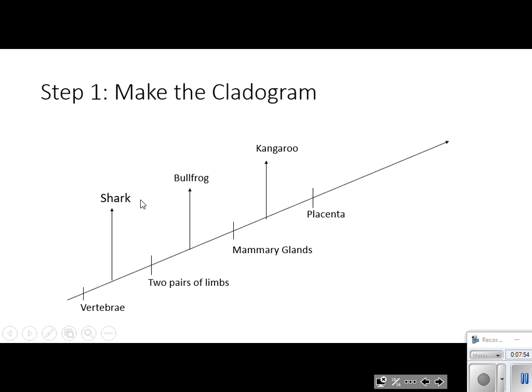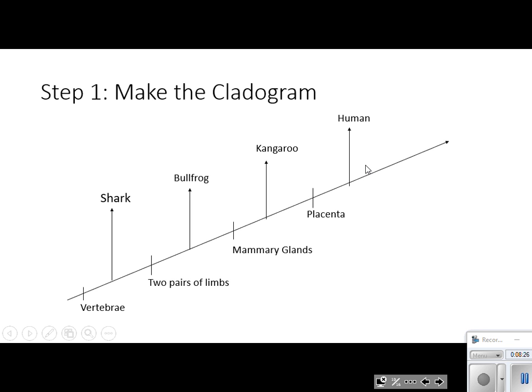And I could draw an arrow like this, or I could have probably put humans down here at this arrow. I could have done either way. Basically, this arrow is time. So this is the furthest back, and this is the most recent up here.